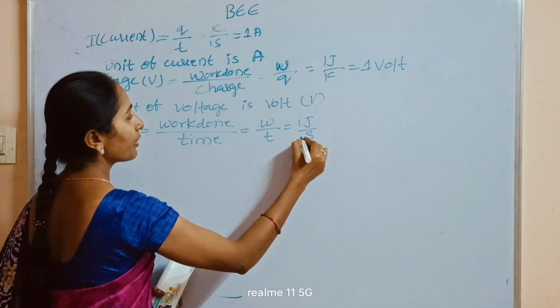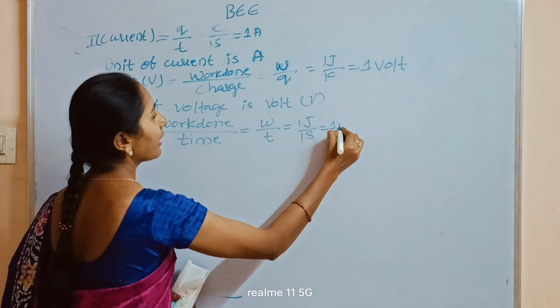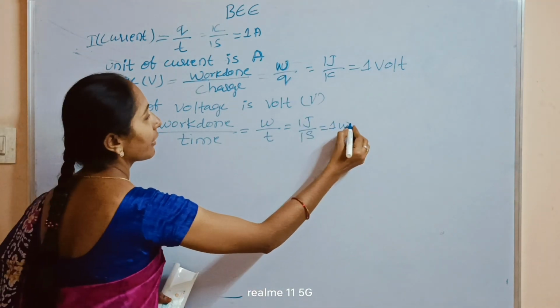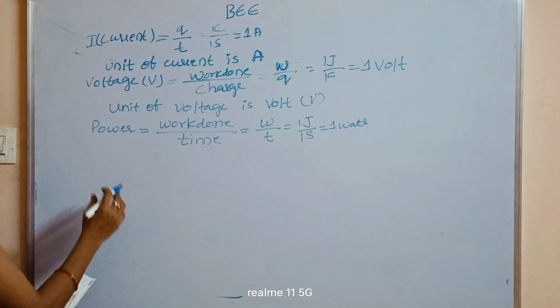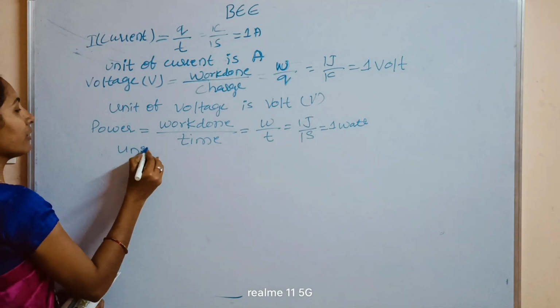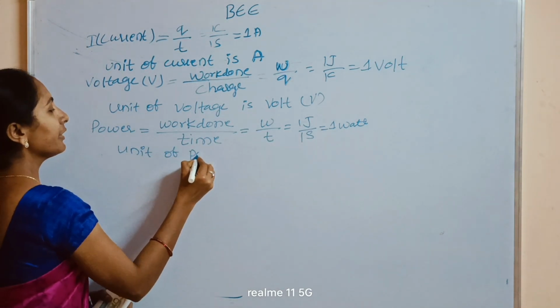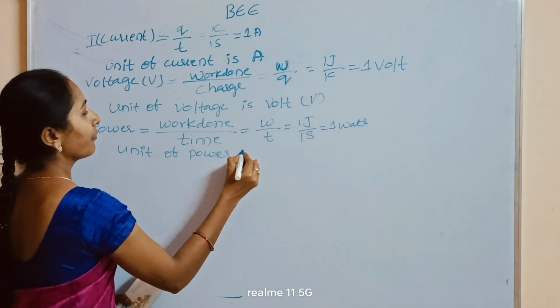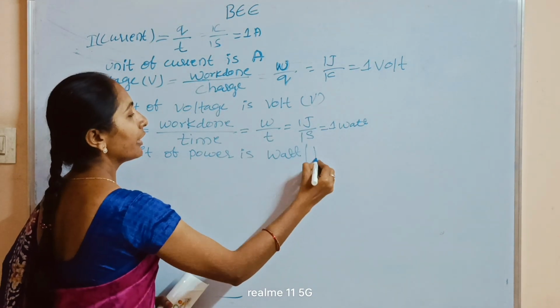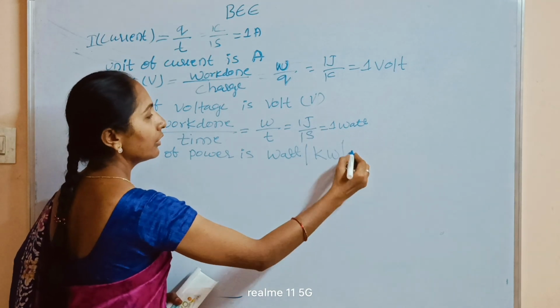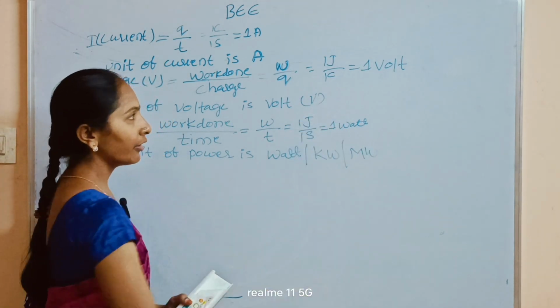So 1 joule per 1 second gives 1 watt of power. The unit of power is watt, or kilowatt or megawatt.